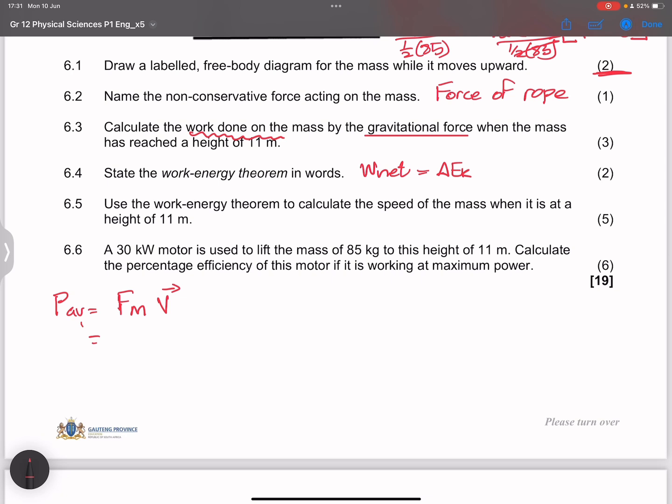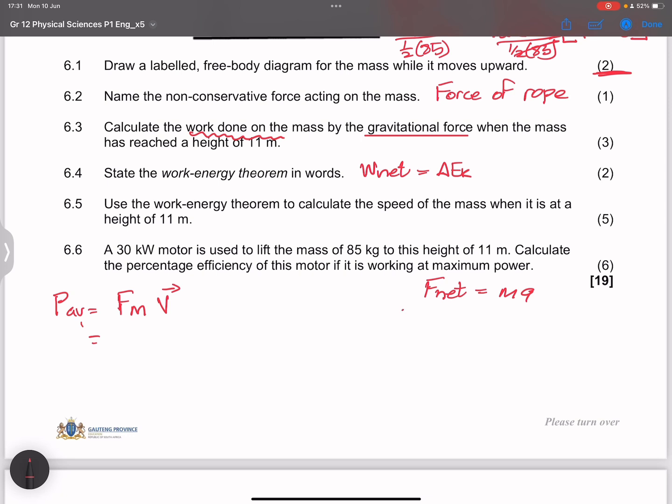What I want us to see there is that we've got the force of the motor minus the gravitational force. In fact, let's say F net is equal to ma. Now I want you to please remember, in this case, we've got the force of the motor. So that would be F net is equal to ma.